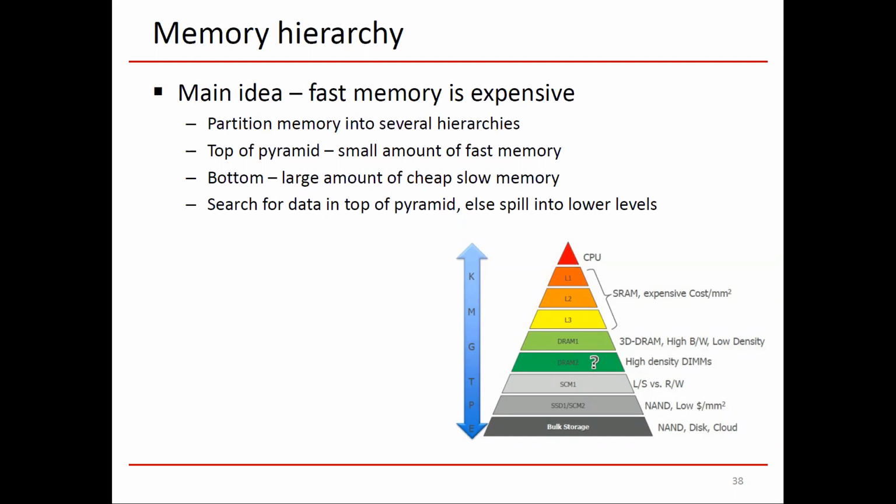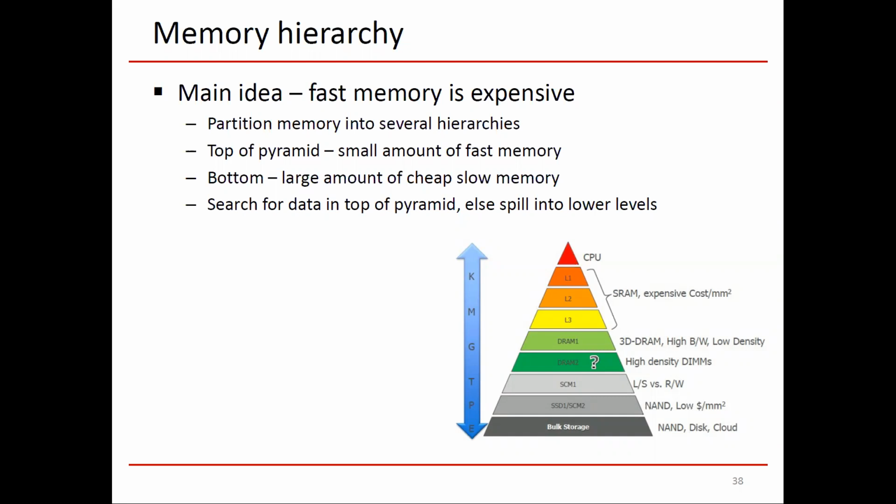On the other hand, at the lower levels of the pyramid, we have bulk storage, which is much, much cheaper per unit of storage. However, it's much slower. So we partition the memory into a hierarchy, a pyramid, with different stages. At the top of the pyramid, small amounts of memory, but very fast, and also very expensive per unit memory. But because we have a small amount, we're not spending too much on that. And at the bottom, we have memory that per unit of storage is cheap, and because of that, we can have a lot of it, but it's slow.